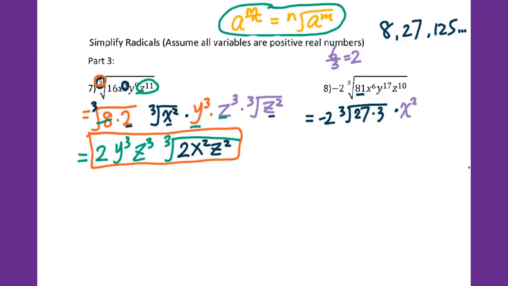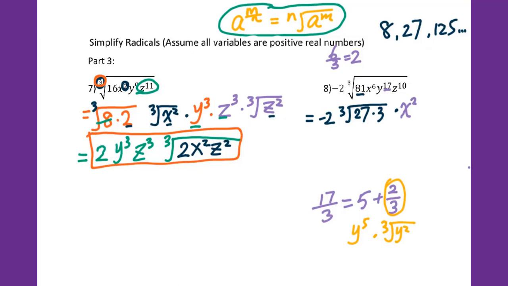Now let's check 17 divided by 3. We change it into a mixed fraction. You will get 5 plus 2 over 3. Therefore, this 5 will be y to the 5th power. For this, we can write down the cubic root of y squared.